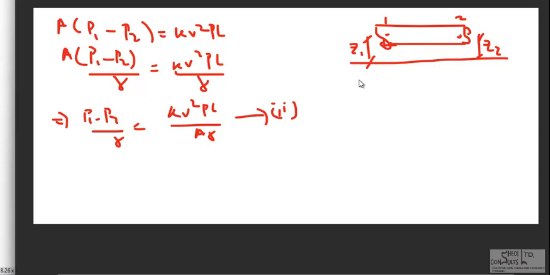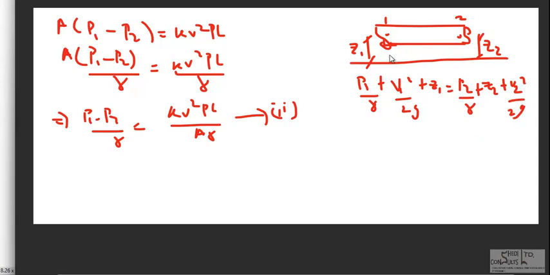So the total energy per specific weight: P1 over the specific weight plus V1 square over 2g plus Z1 equals P2 over the specific weight plus Z2 plus V2 square over 2g, plus you're going to have some significant pressure drop, so plus the head loss due to friction in the pipe, HF.